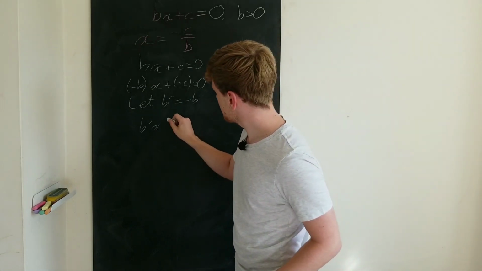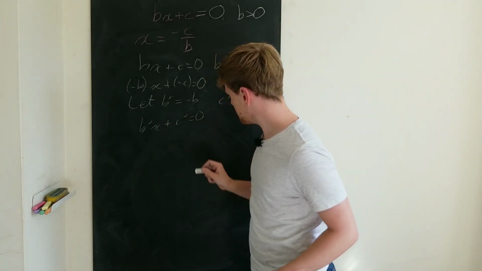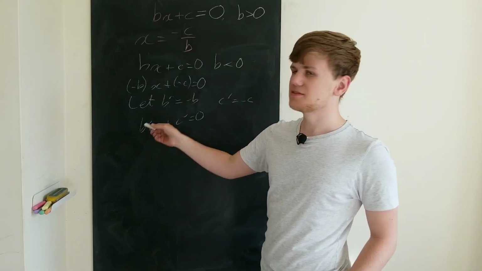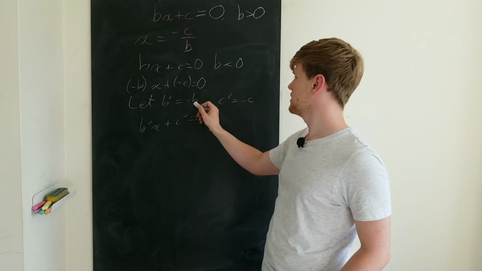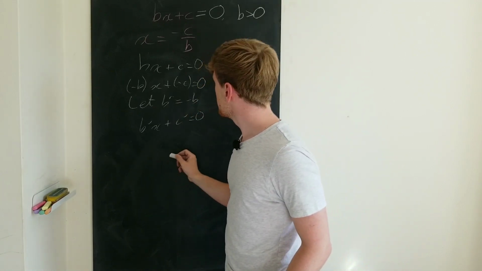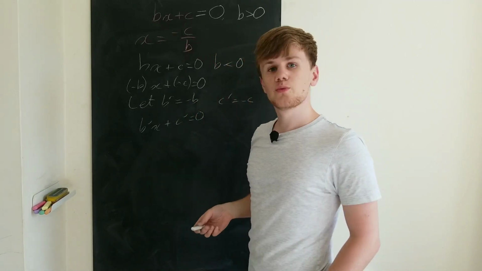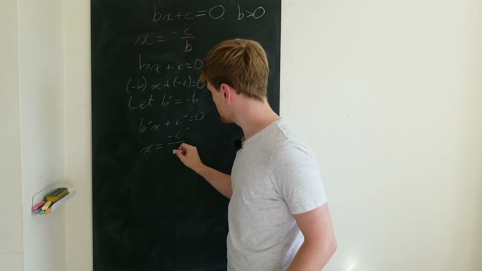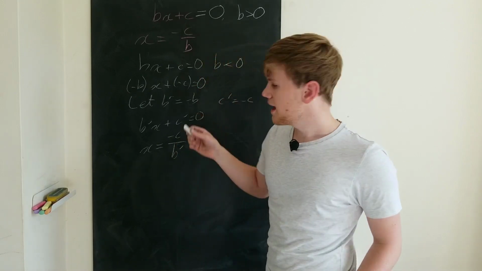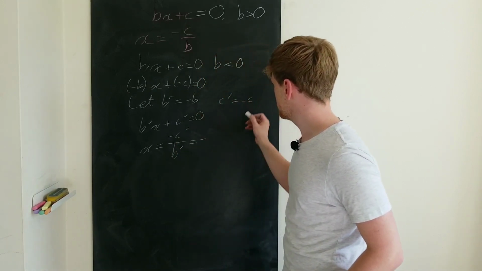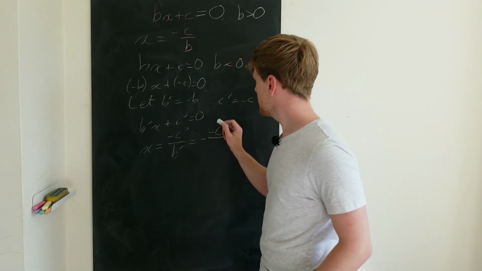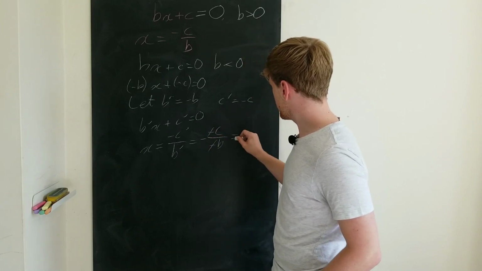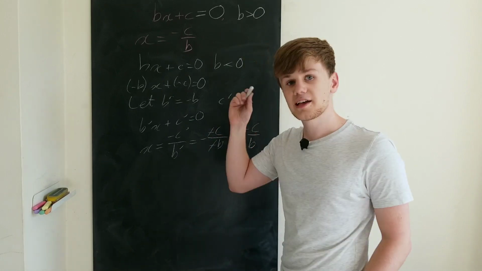Then we get b dash x plus c dash equals 0. Now, b dash is going to be positive because the negative of a negative is positive. And so by our result we derived earlier, x would be negative c dash on b dash, and this is equal to negative, well, c dash is negative c, b dash is negative b, these two negatives cancel out and we get negative c on b for b less than 0 also.